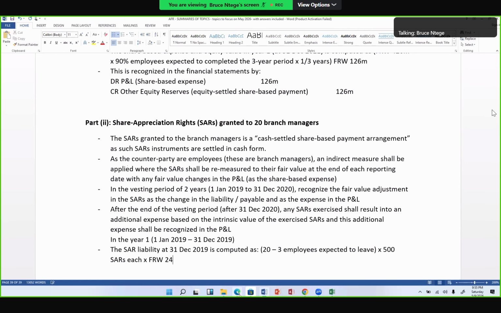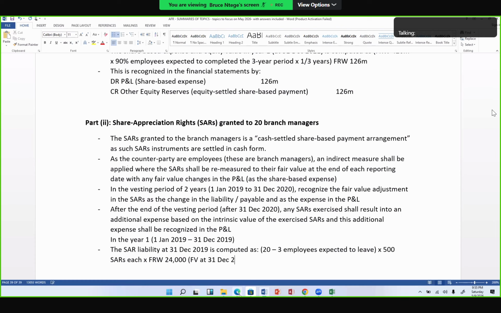You don't fix it on the grant date, like equity settled. Times 24,000, which is the fair value at 31st December 2019, and times 1 out of 2 years, because this is the first of the 2 years.